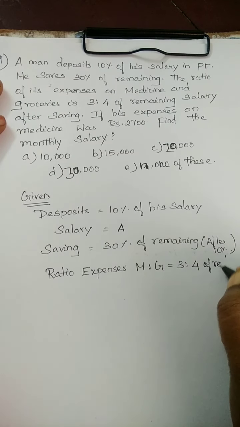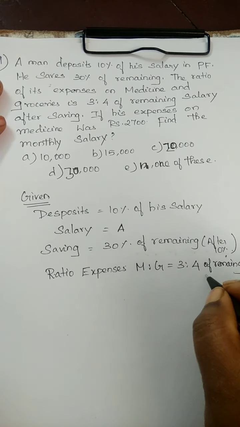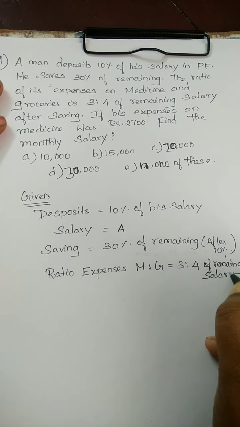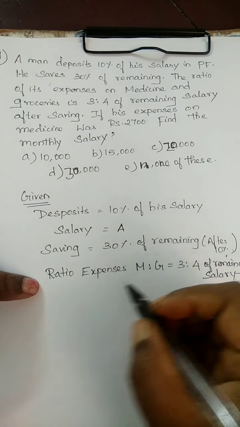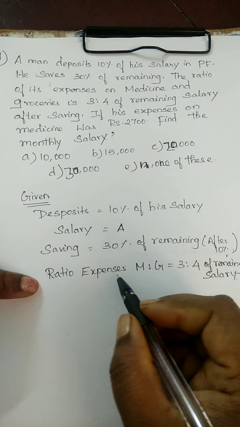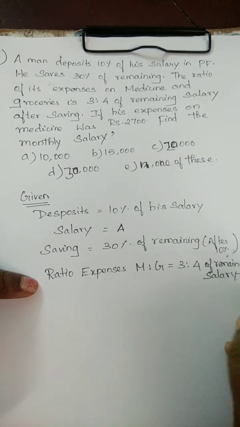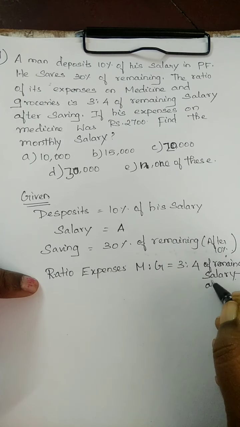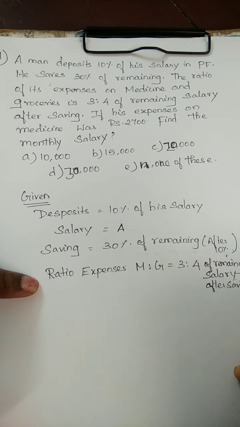After 30% of saving, the man made expenses between medicine and groceries in the ratio 3:4. Okay, note down it, after saving.